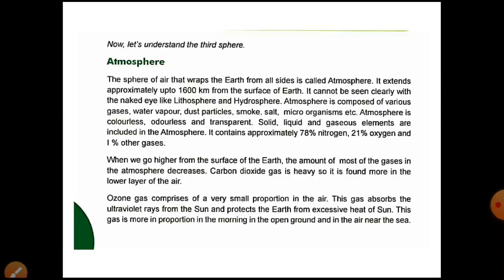The atmosphere is colorless. We are not able to see the color of the atmosphere; it has no color. Then odorless, which means we can't hold it or see it directly.